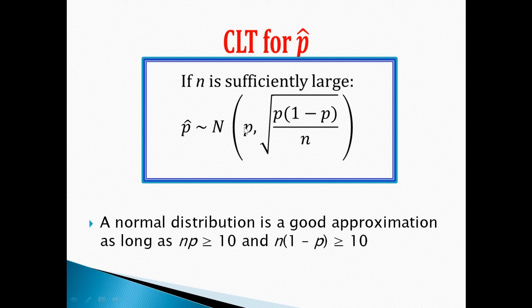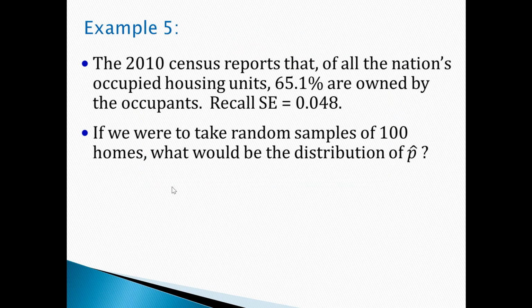Instead of sample statistic, I'm writing the population proportion because I'm thinking of it as a huge, big distribution, comma, the standard error. So the standard error this time will be the square root of p times 1 minus p over n. So notice how we are not using p-hat, we're using the p. And this only can be done if the n is sufficiently large. So the sample size is really big.